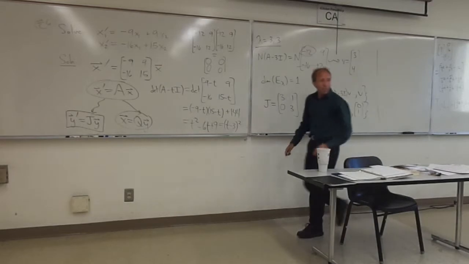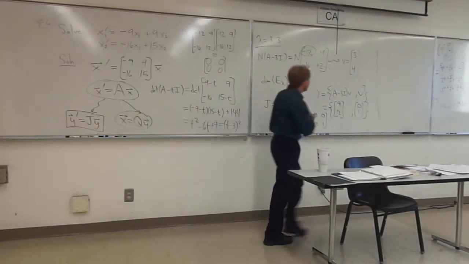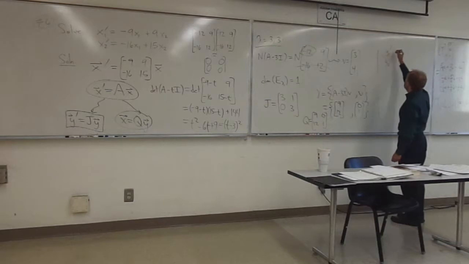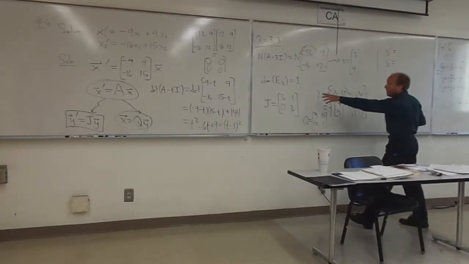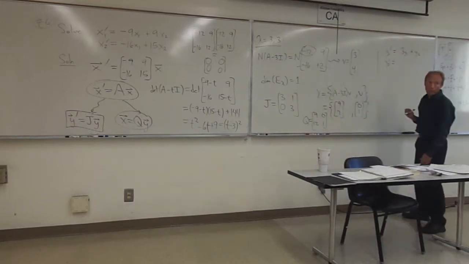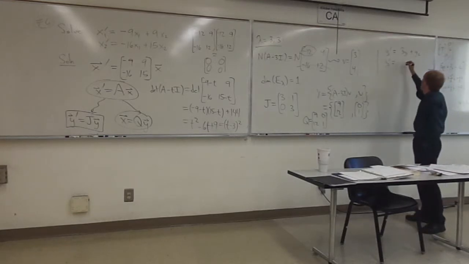So at this point, we are ready to go ahead and finish things up. We need to solve this simpler system. So what we're going to have now is y1 prime, y2 prime equals, and what's it going to be? Here's J's right here. So 3y1 plus y2, and then y2 prime is going to be 3y2.